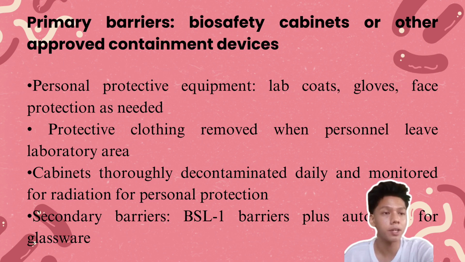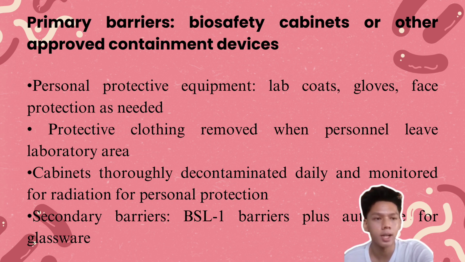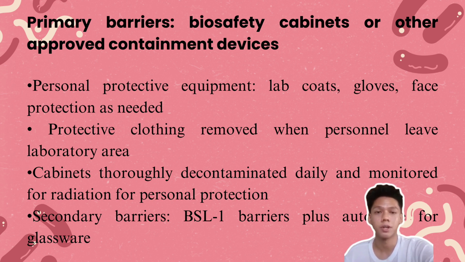Next are the primary barriers: biosafety cabinets or other approved containment devices, personal protective equipment such as lab coats, gloves, and face protection as needed, protective clothing removed when personnel leave the laboratory area, cabinets decontaminated daily and monitored for radiation for personal protection. Secondary barriers: BSL 1 barriers plus an autoclave for glassware.